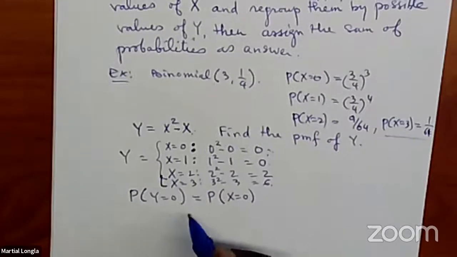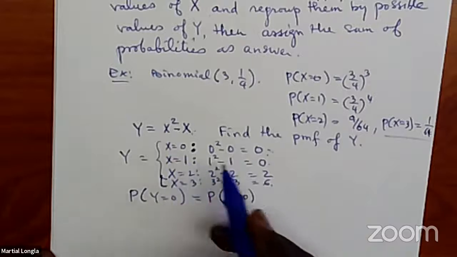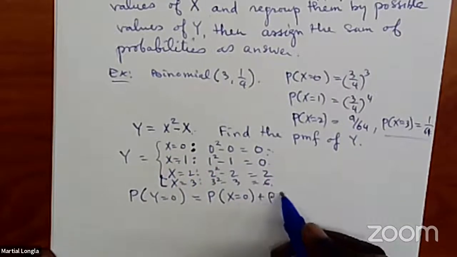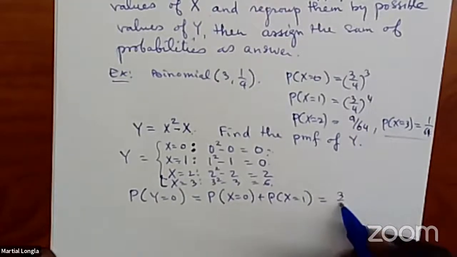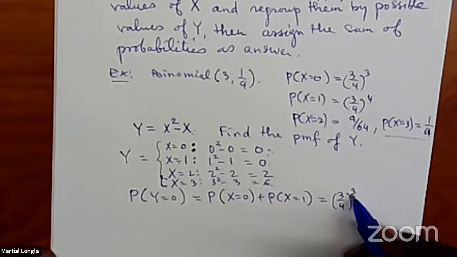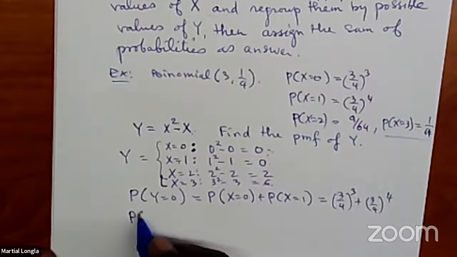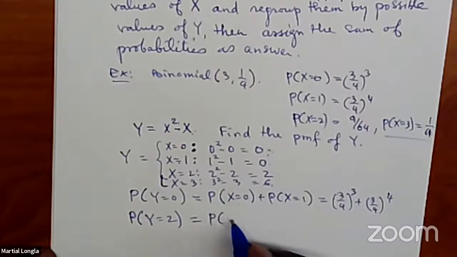And so probability that y is 0 is going to be for x equals 0 or x equals 1, and that is going to be 3/4 cubed plus 3/4 to the 4th. And then the next value of y is probability of y equals 2, and there is only one x that answers for that.